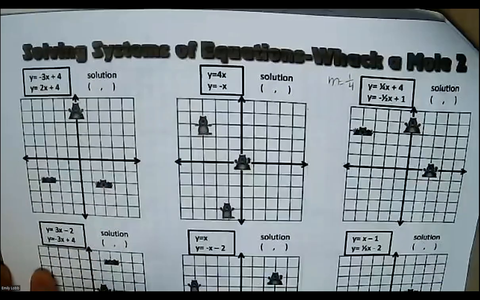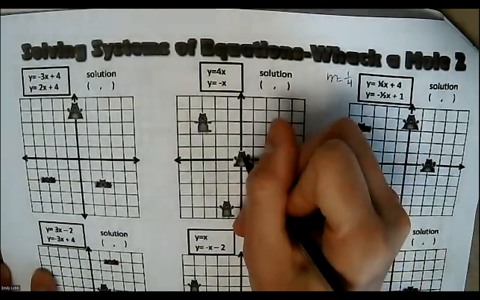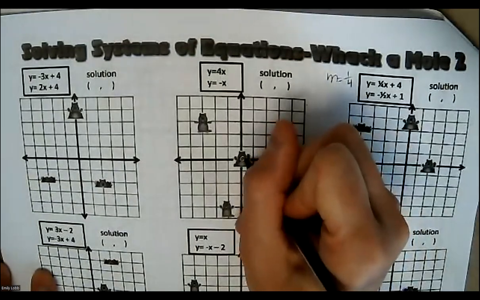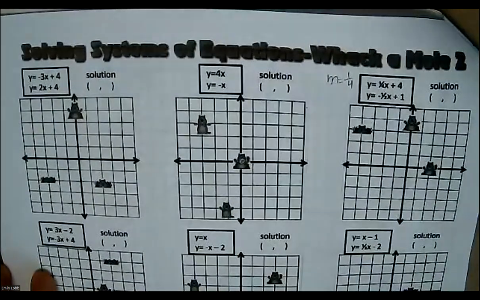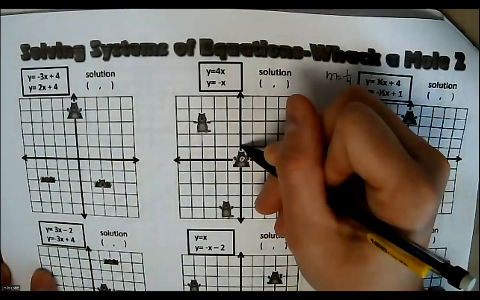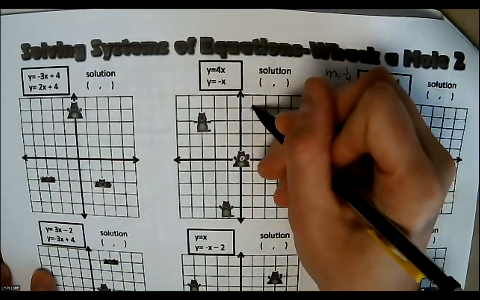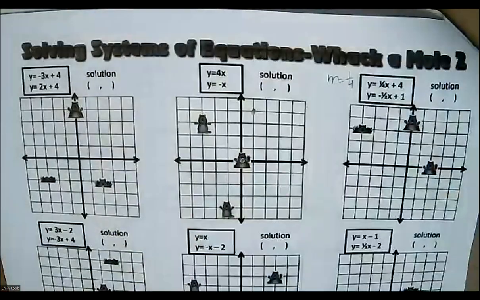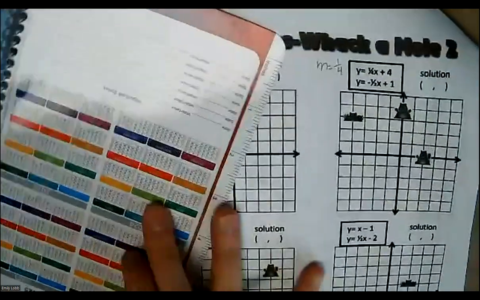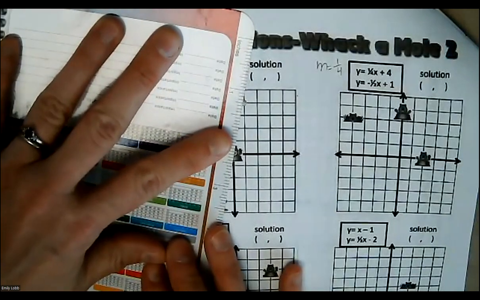Our y-intercept of both of these are what? 0. So guess where you're probably going to run into each other? 0, right? This has a slope of 4 over 1. So 1, 2, 3, 4 over 1. Once you have 2 points, you can draw a straight line. That is a pretty steep slope, right?